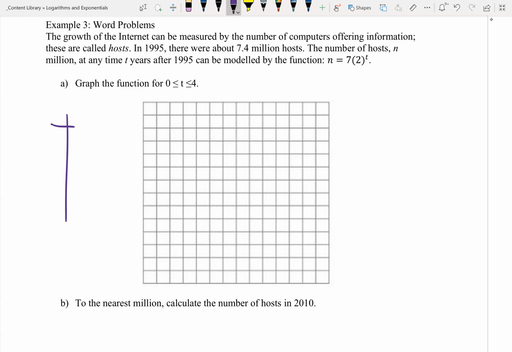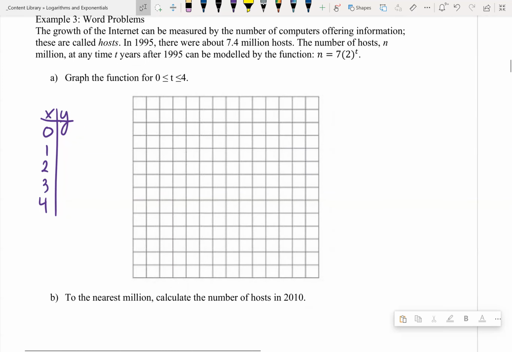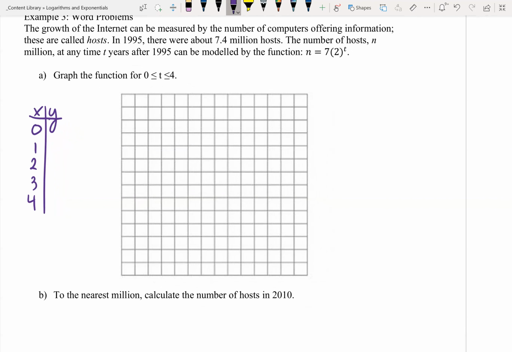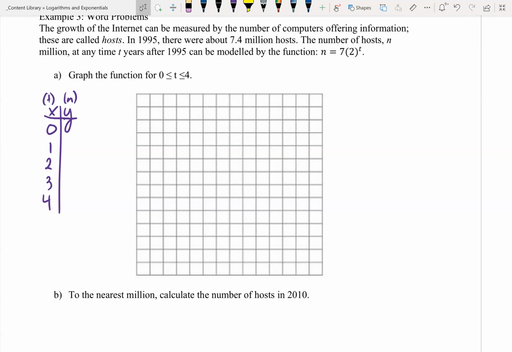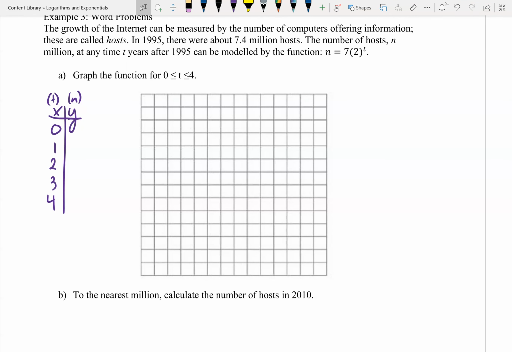So I'm going to do a table of values on the side, starting from 0 and going up to 4. And remember that t is going to actually be your x, and your y is going to be n, which is the number of hosts, so you can change your variables accordingly. So this is actually t, and this is n. So I'm going to go ahead and plug this into our function to find its y value.